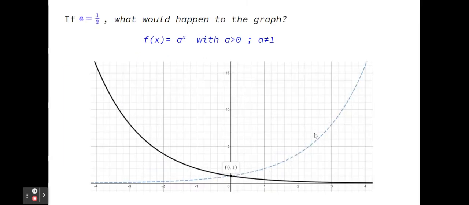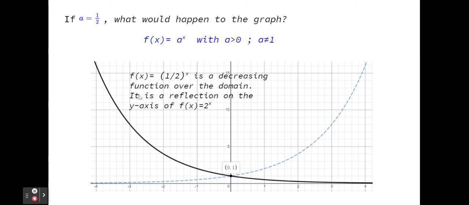So here's the graph. Again, the blue line shows us f of x equals 2 to the exponent x. In this case, we have f of x equals 1/2 to the power of x in black. Notice that the y-intercept is the same. The graph is still asymptotic to the x-axis, so that didn't change.